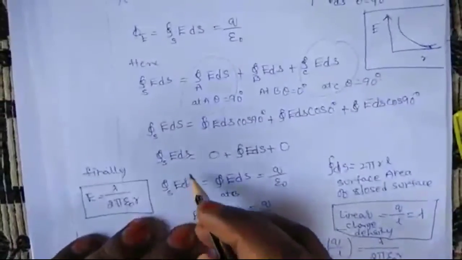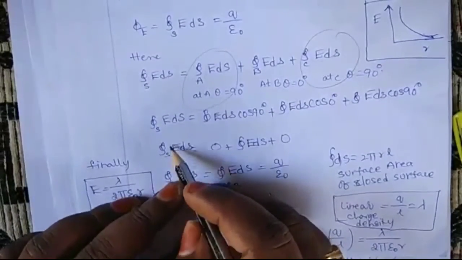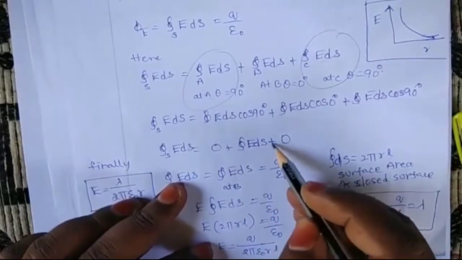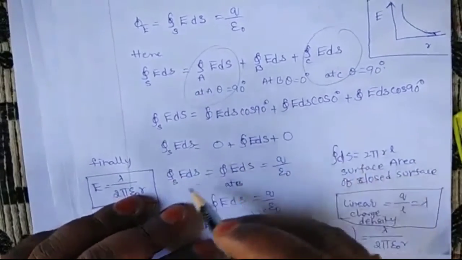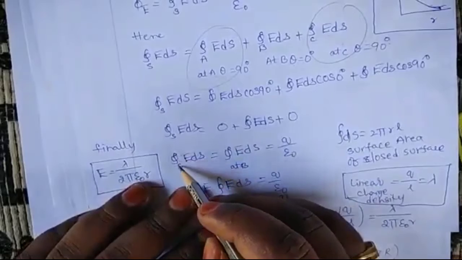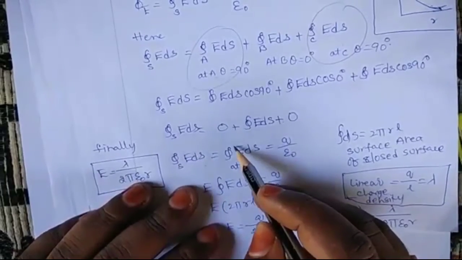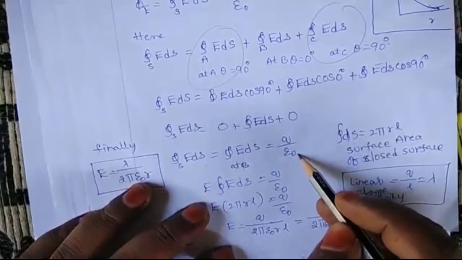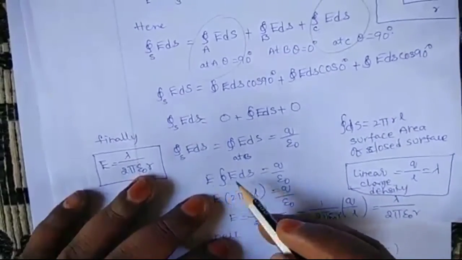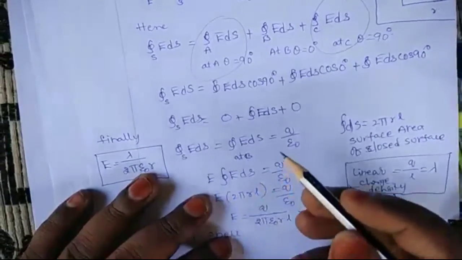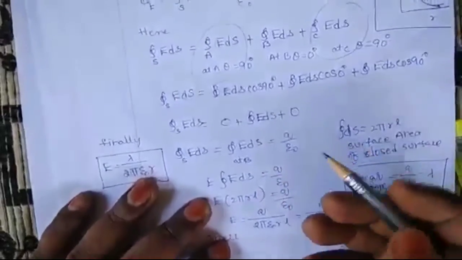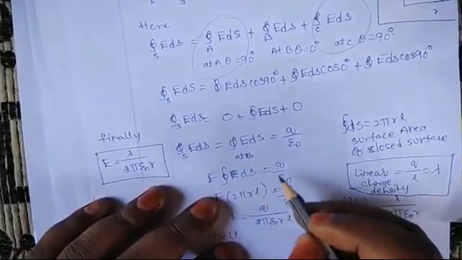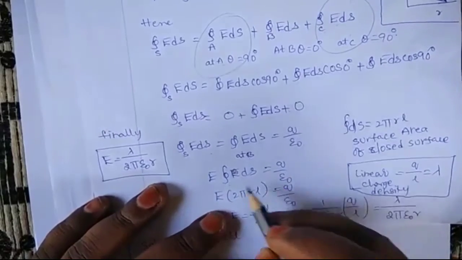Finally, the surface integral E ds is equal to 0 plus the integral E ds at B plus 0, which is equal to Q by epsilon naught. So E integral ds is equal to Q by epsilon naught.